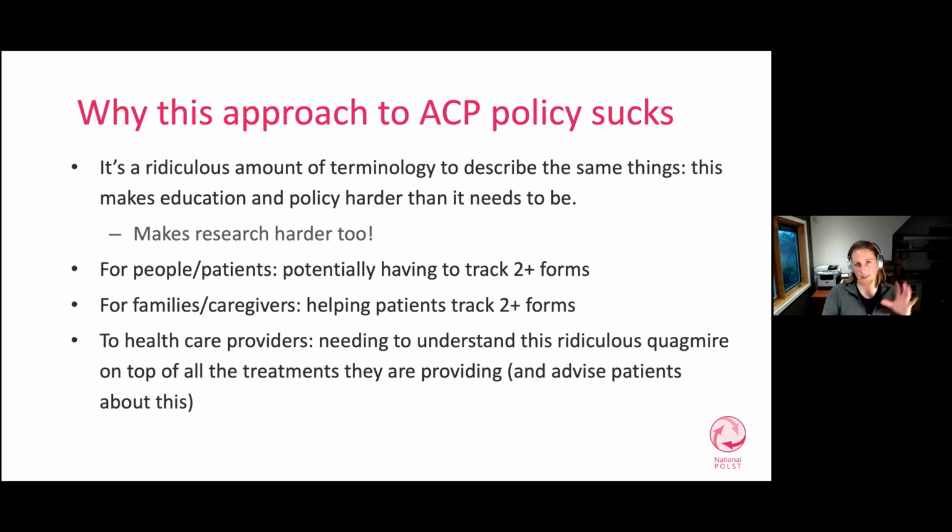So they not only need to be knowledgeable about all the medical stuff, but we're asking them to be knowledgeable about 50 different terms for advanced directives, 50 different terms for POLST, and advise patients on what versions they need if they're traveling to different states. And I think that's just absolutely ridiculous.